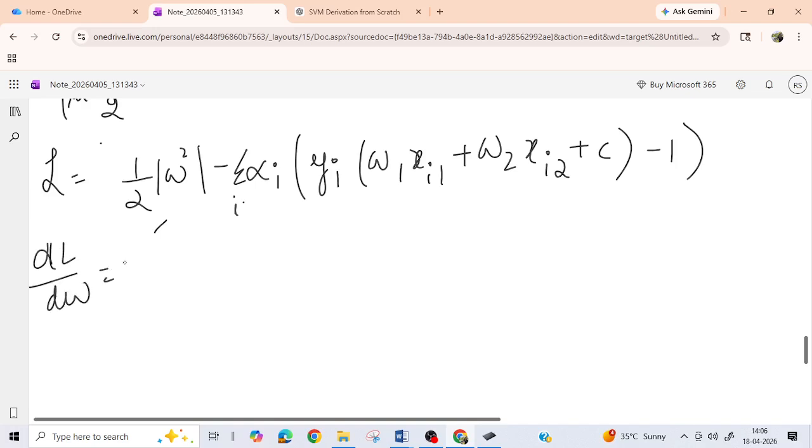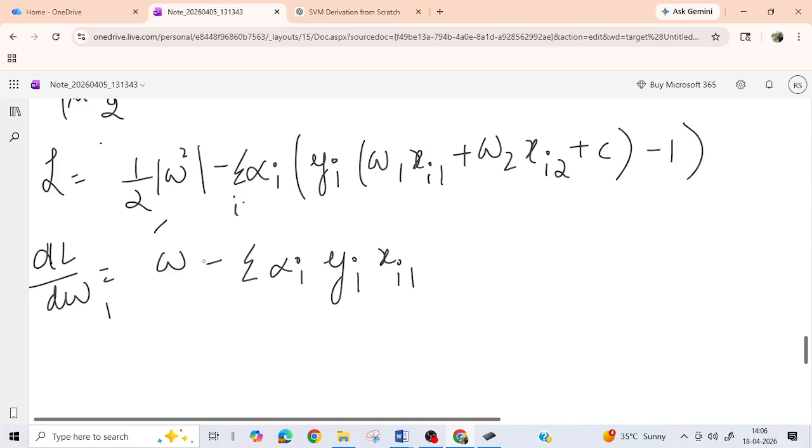Okay, so what do we get? This becomes w. That was the trick. Now if you look into this, alpha i yi, so this would be alpha i yi into xi1. All right, so this is when you differentiate it with respect to dw1, right?